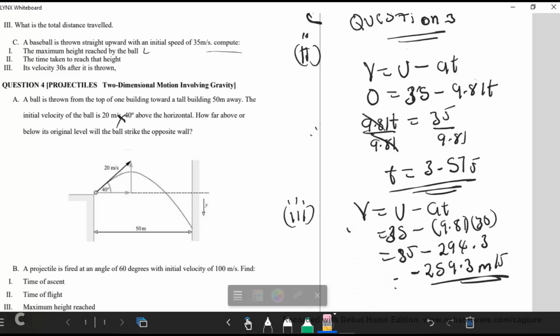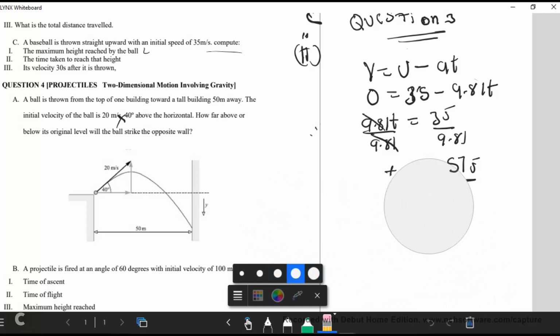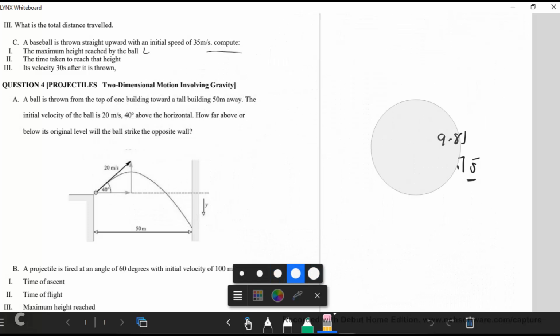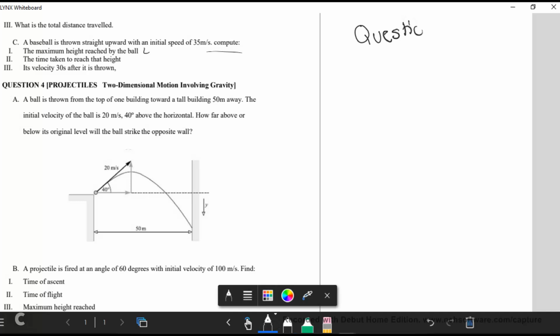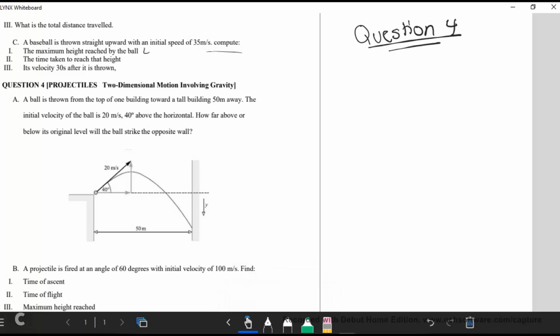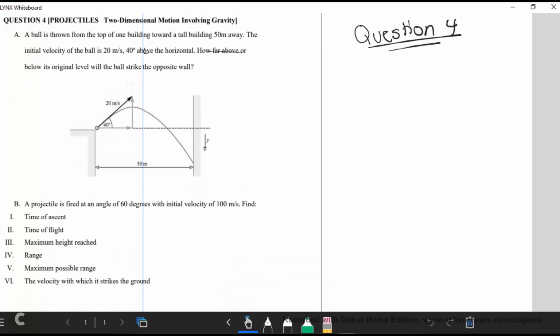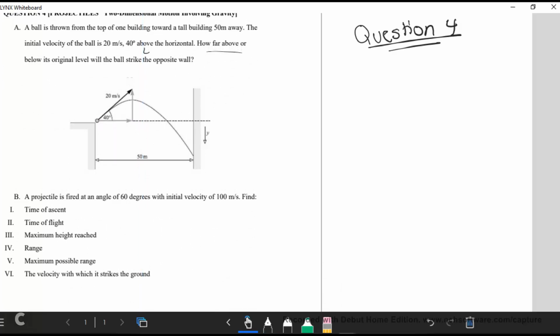Okay, let's go on to question 4. They're saying a ball is thrown from the top of a building toward another building 50 meters away.